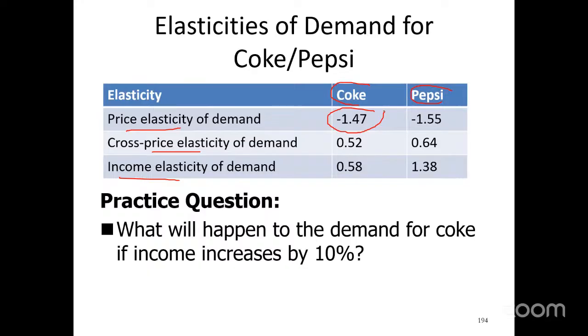Let's say you are a small player, you can't change it, and somehow a market shock or government policy increases or decreases price. For example, price increases due to government tax or whatever reason. Then you know when the price increases, demand reduces by more than that percentage, and ultimately revenue will reduce if the elasticity is like this. The problem is, as a price strategy, you can't change the price because you are a small player, you don't have power.